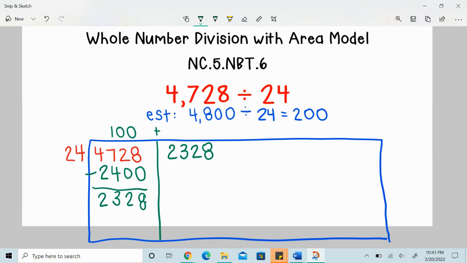But it's not way too big, so I'm thinking maybe I could try 24 times, actually, what about 24 times 50? I know that 24 times 100 was 2,400, so 24 times 50 would be half of that, or 1,200. So I'll go ahead and subtract that.